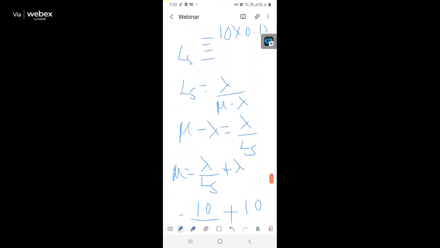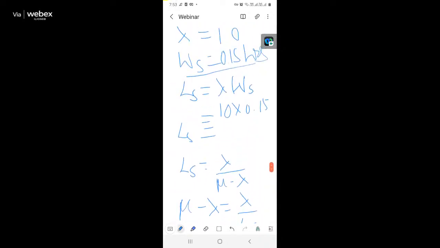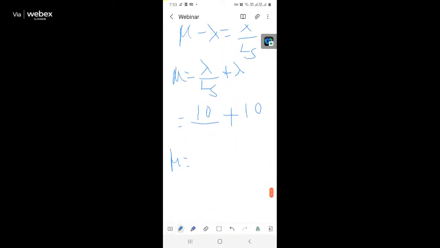See, here I have made it very simple. So 10 into 0.15 means it is 1.5. Correct. At least please tell this. So 10 by 1.5 is 6.67, plus 10, 16.667. Is it correct?